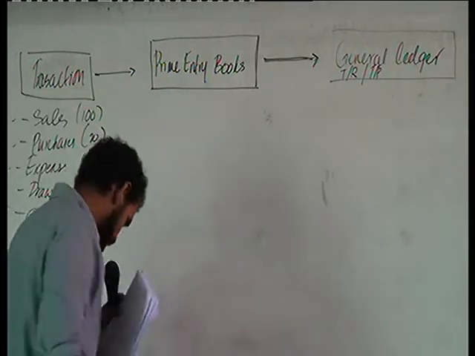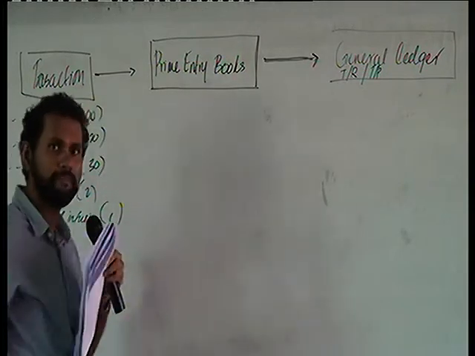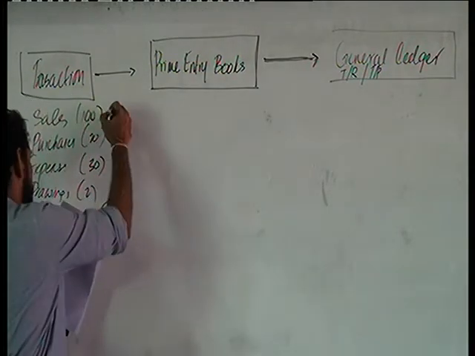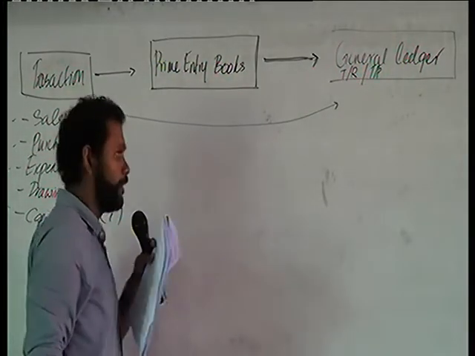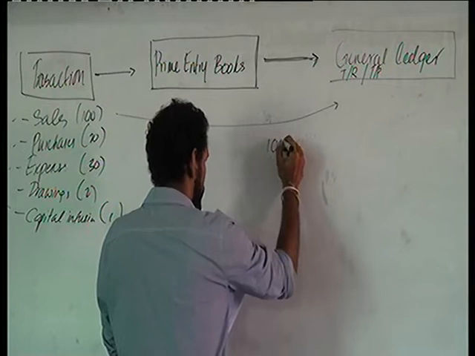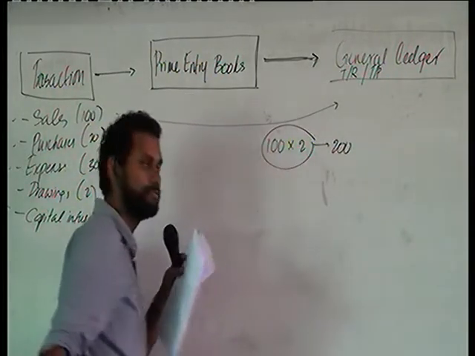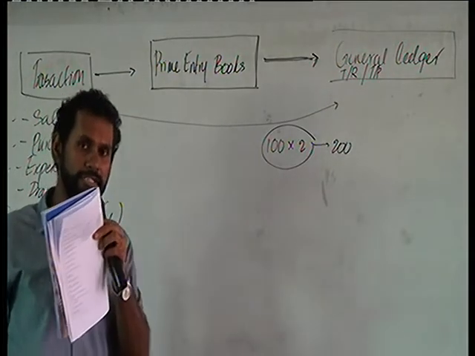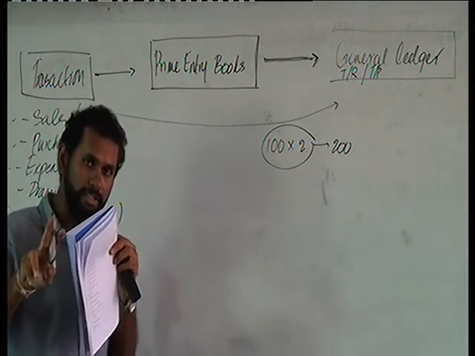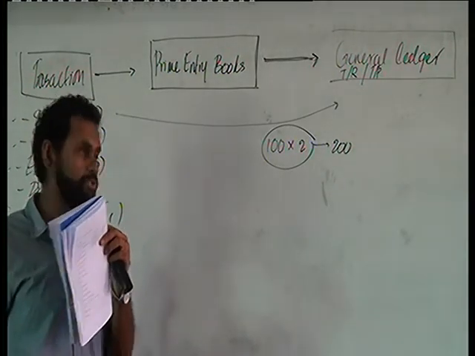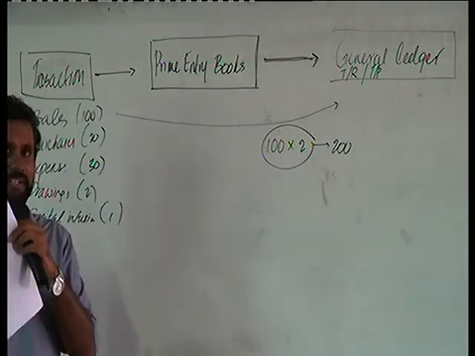Now imagine we have 100 sales transactions per day, and we record these 100 sales transactions directly in the general ledger. We will have to put up a minimum of 200 entries in the general ledger, because each sales transaction will have 2 entries.